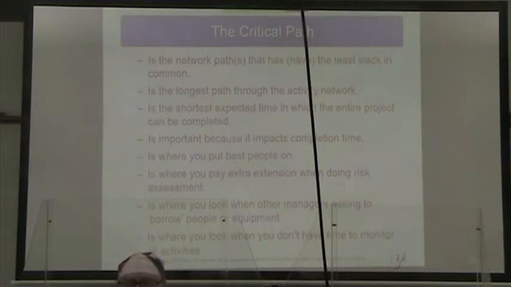All right, so our critical path, that's our network paths that have the least slack. It's possible that you could have a critical path that ends up branching and coming back together at some point. Typically, it's the longest path through our activity network.